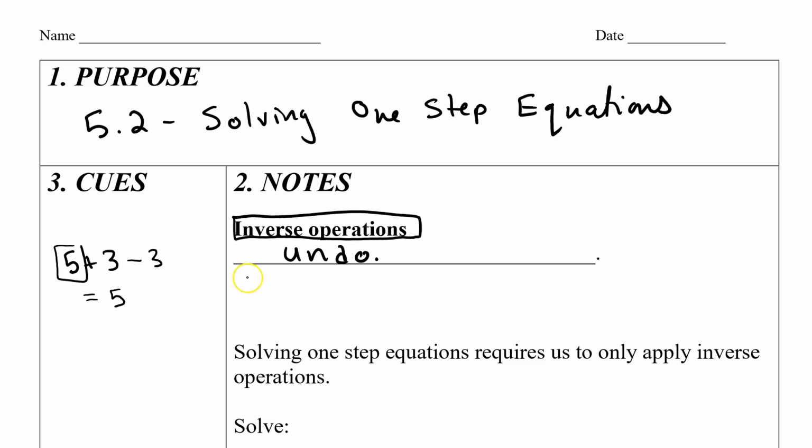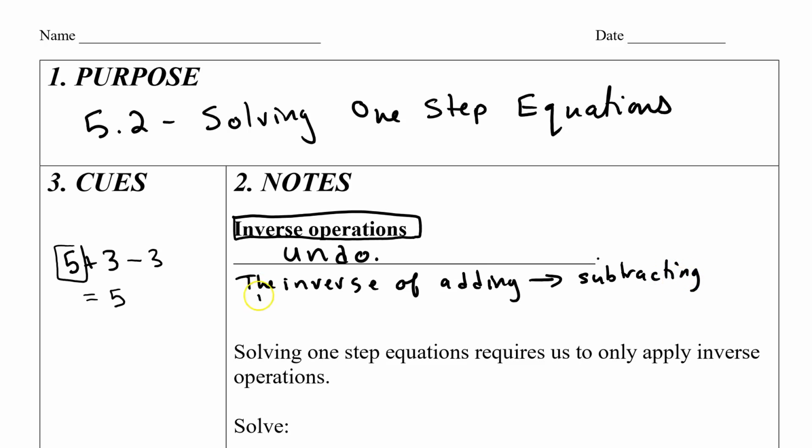So if we were to say the inverse of adding, that would be subtracting. The inverse, and these are just ditto marks, okay? It means the same thing. The inverse of subtracting is adding.